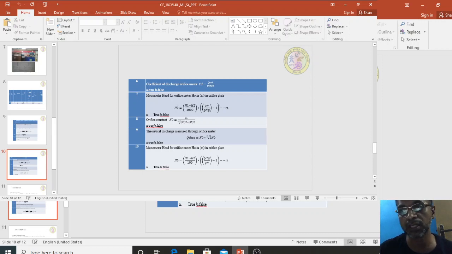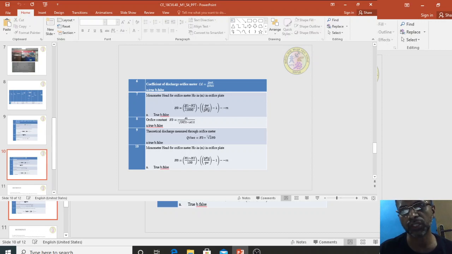This formula is wrong, because density of mercury is 13.6 whereas density of water is 1. If I do 1 divided by 13.6, you will get a decimal value, and minus 1 gives a negative value, that means your H naught will be negative.